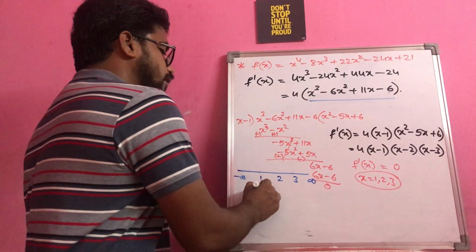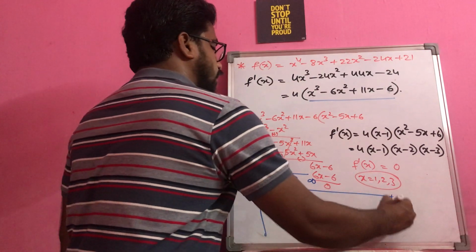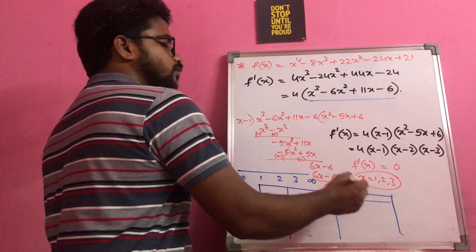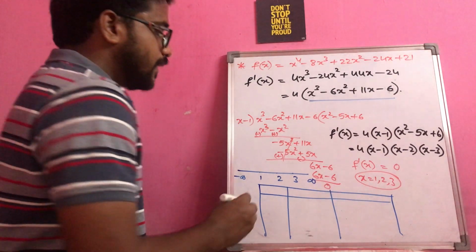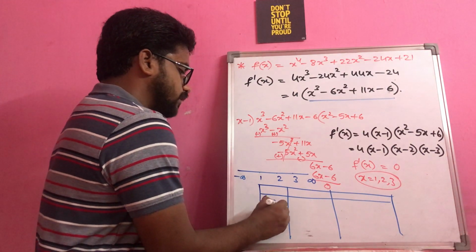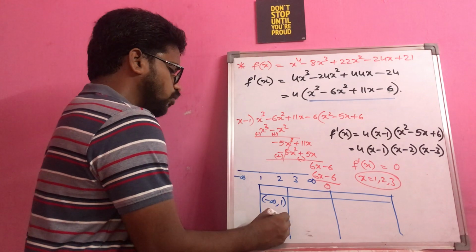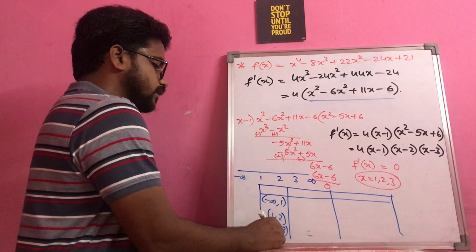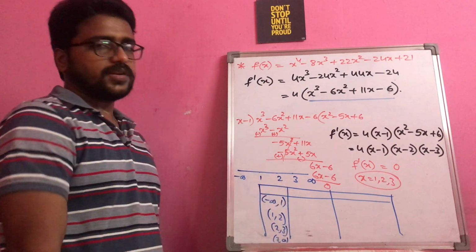So now you have to form the intervals and identify where you are getting the positive sign and negative sign. So I will take the values from minus infinity to 1, 1 to 2, 2 to 3 and the last is 3 to infinity. Okay.